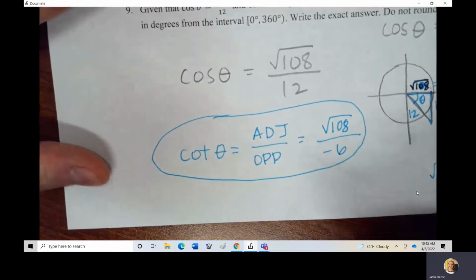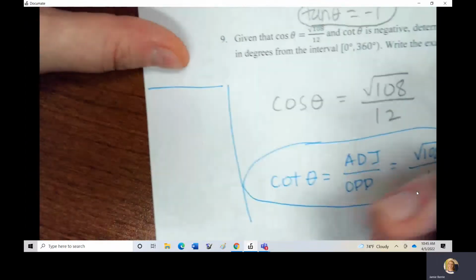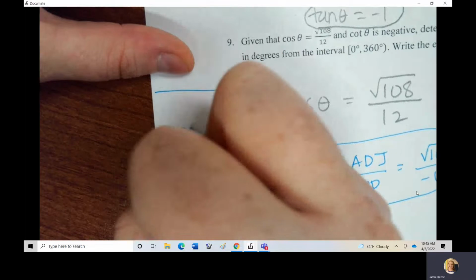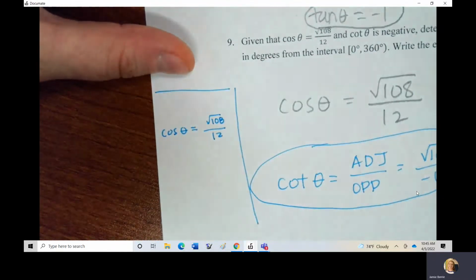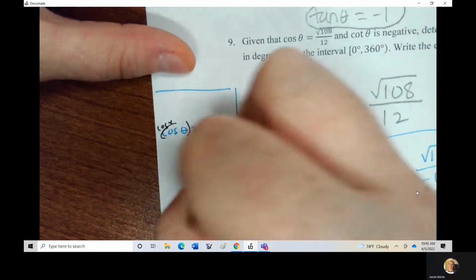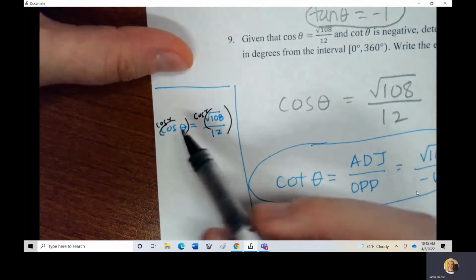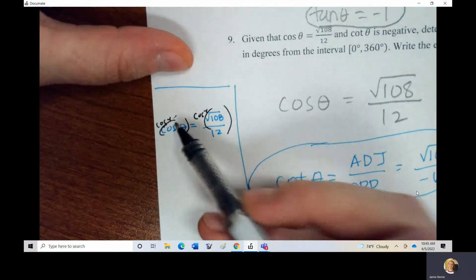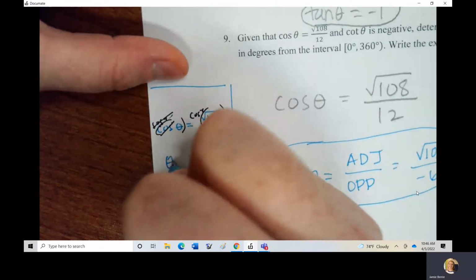Here's what's going on behind the scenes. I'm starting with cosine theta equals square root of 108 over 12. I'm taking the inverse cosine of both sides. Inverse cosine and cosine cancel, leaving you with just theta.